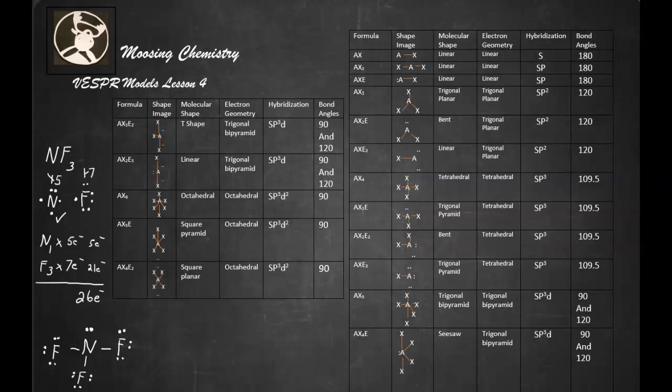So 8 times 3 is 24, plus these 2 right here will give me 26. So that looks pretty good, but is it the best possible structure?